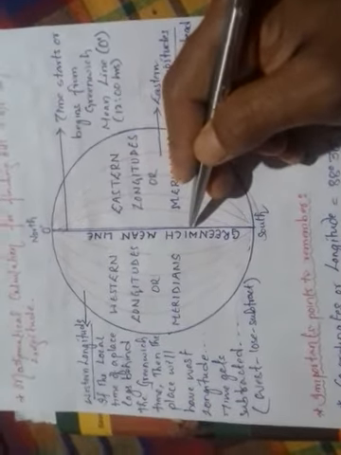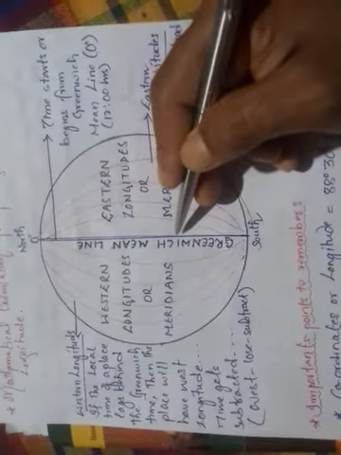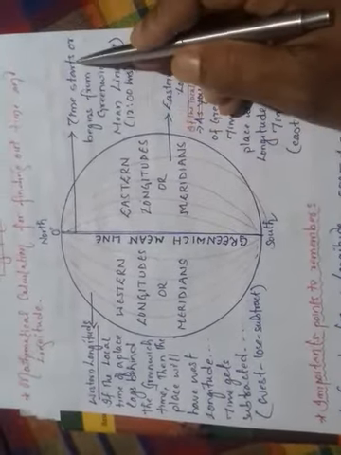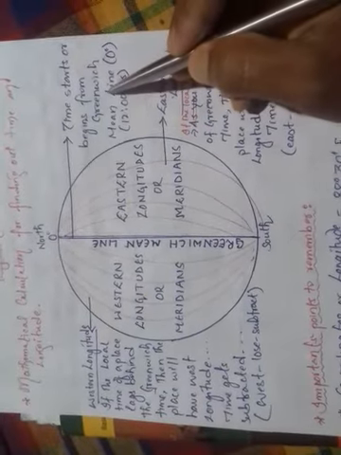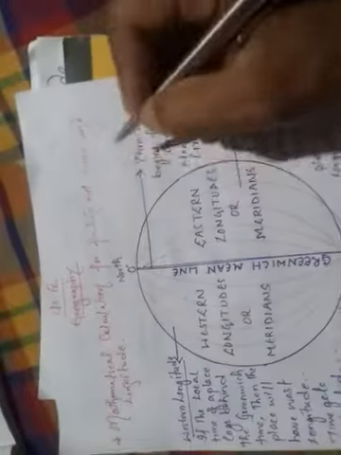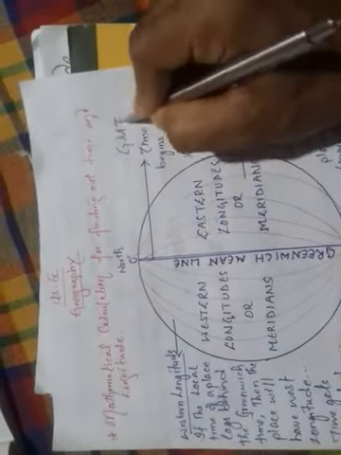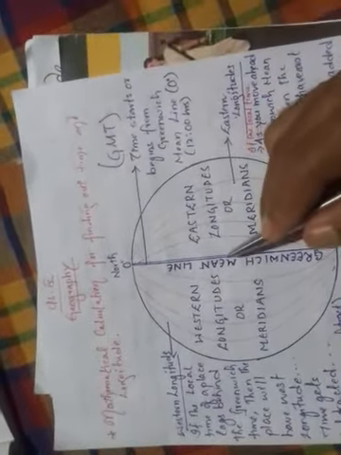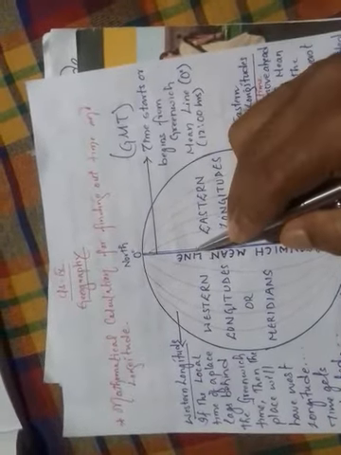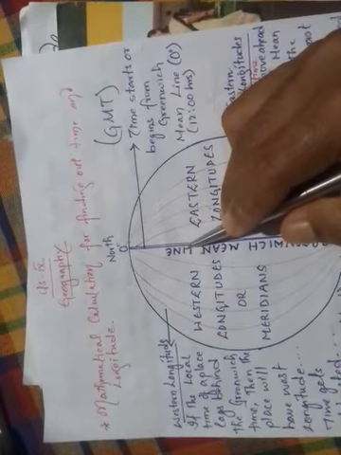Prime meridian means midday. From the Greenwich line the time begins. The local time of GMT, Greenwich Mean Time, where the time starts, is 12 noon.